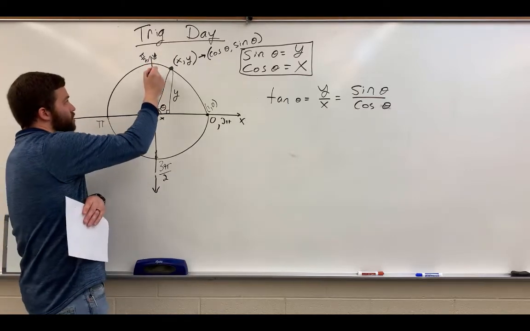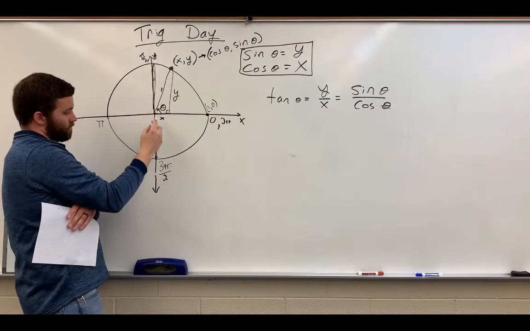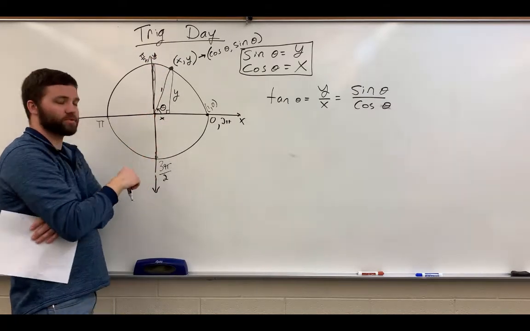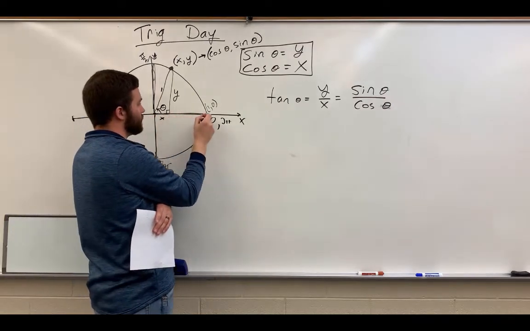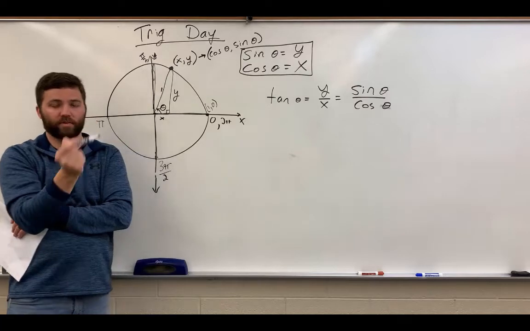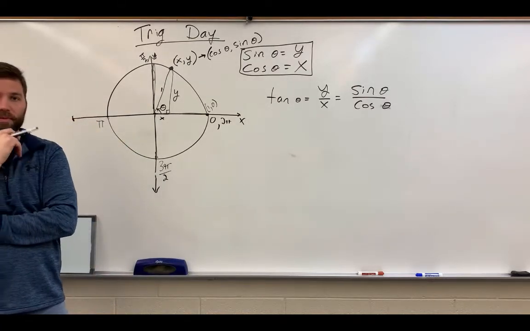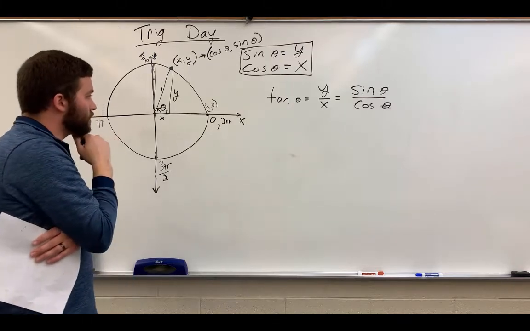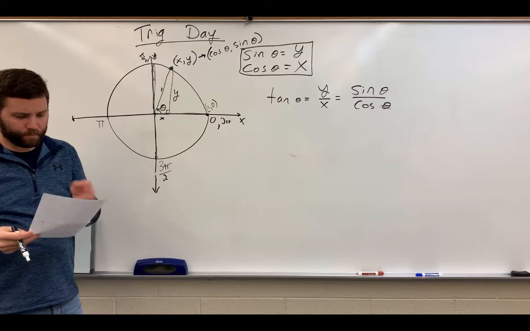So tangent of pi over 2 will be undefined. And tangent of 3 pi over 2 will also be undefined because the slope is vertical there. And tangent of 0, tangent of 2 pi, is going to be 0, because the slope of the line is 0. So those are some ways to think about tangent.